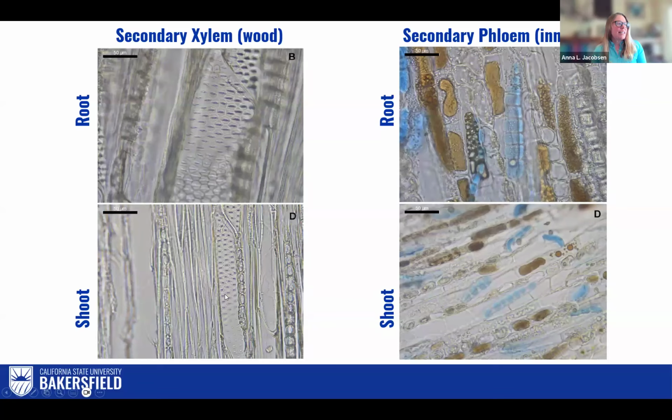So these are images at the same magnification. If you look at this, can everyone see my pointer? So if you look at this cell, it is the same as this cell, but about 1/10 of the size. So in the roots, the cells and their structures are much larger than we see in the shoot. And in the phloem tissue, we see the same thing. This stained blue structure is a compound sieve plate.